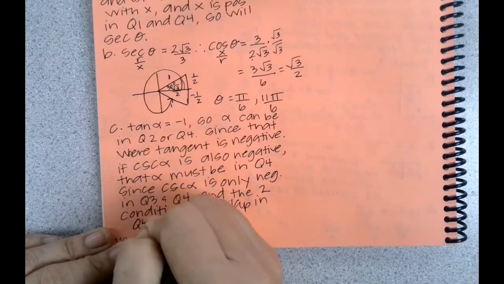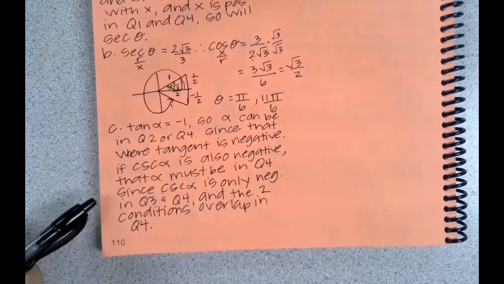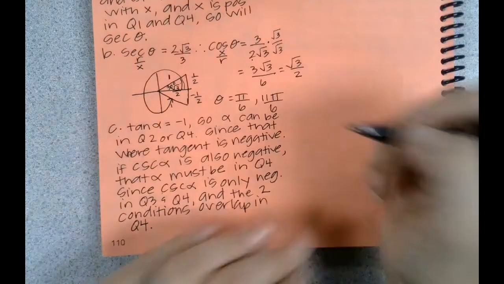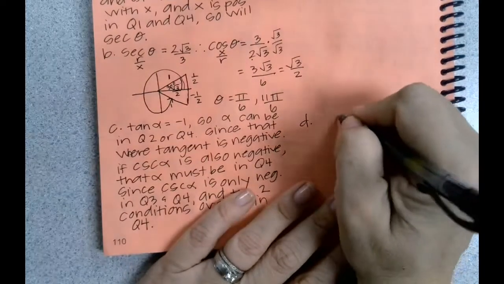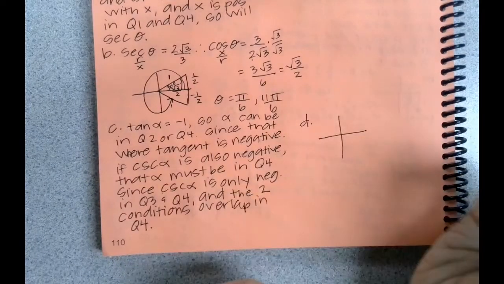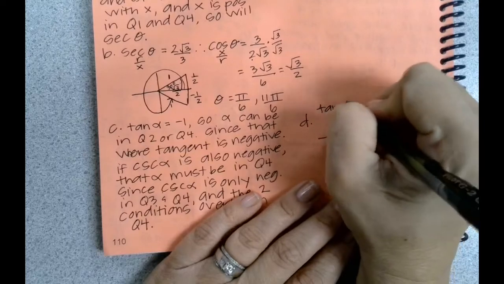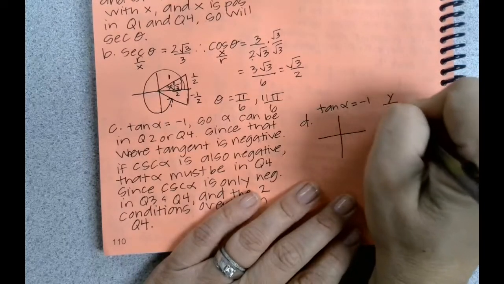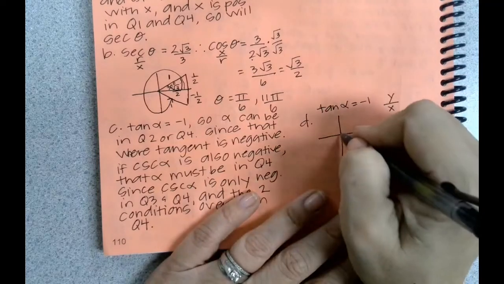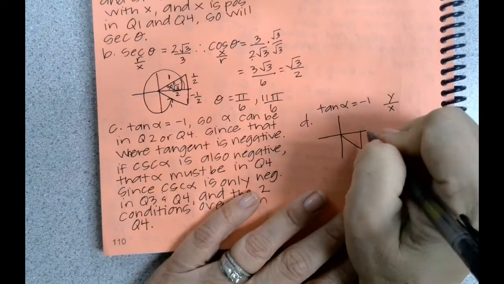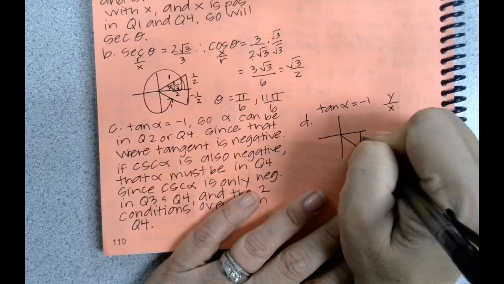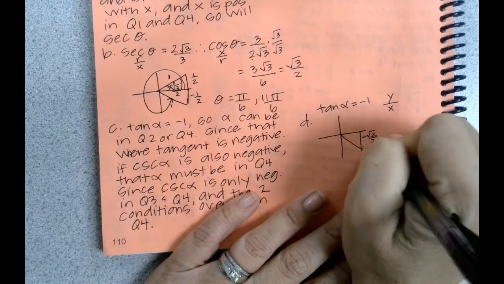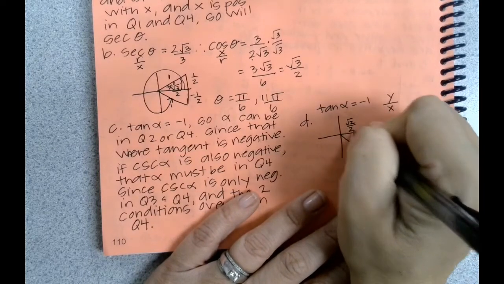Okay. And then part D asks us to find the value of alpha. So if we know it's going to be in quadrant 4, and we know that the tangent of alpha is -1, the only way that we're going to get a y over x ratio to equal -1 is if it's a 45-45-90 triangle. So this is -√2/2, that's √2/2, and that's 1.